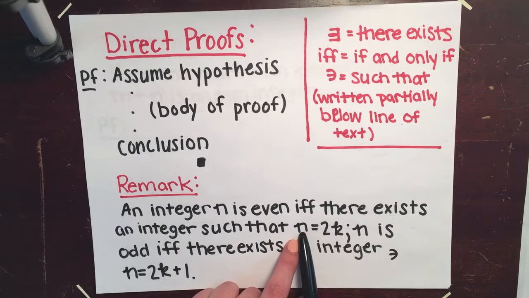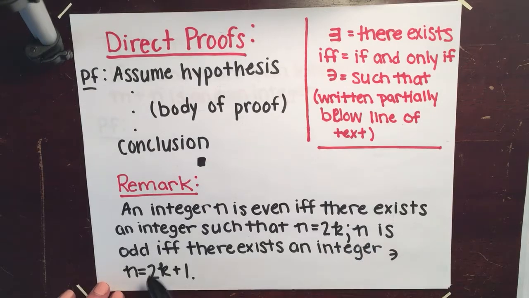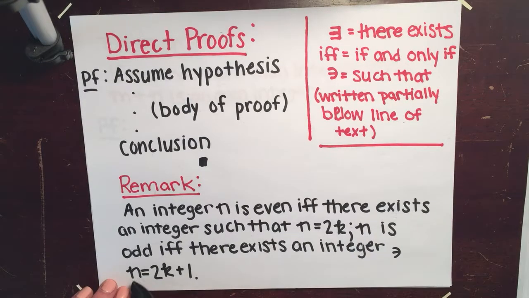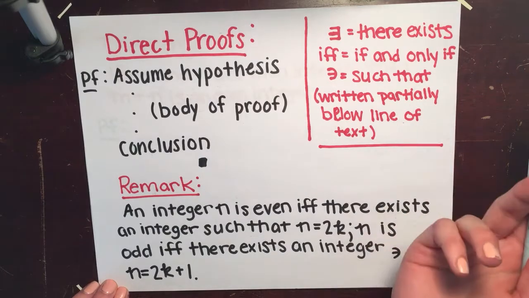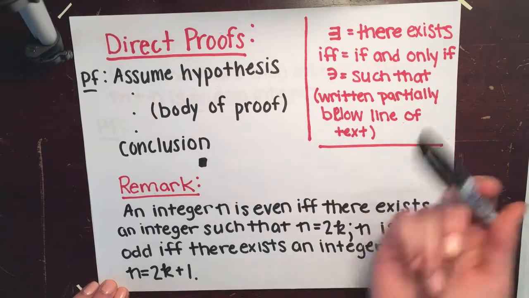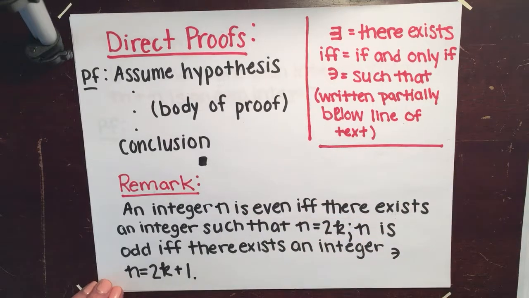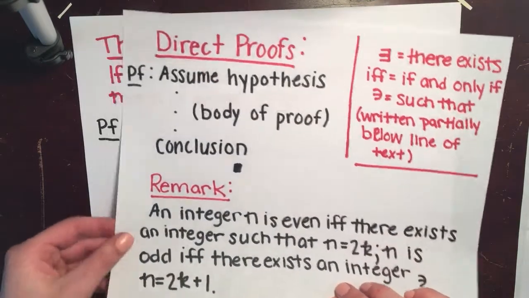And n is odd if n equals 2k plus 1, because if we have any even number and add 1 to it, that makes it odd. If we have 2 plus 1, that makes 3. If we have 16 plus 1, that makes 17. And both 3 and 17 are odd numbers. That's definitely something to keep in mind as we work through these proofs.